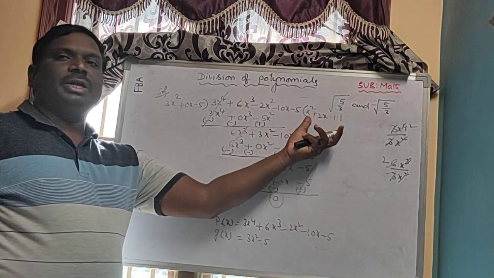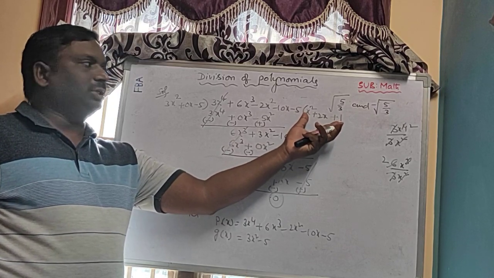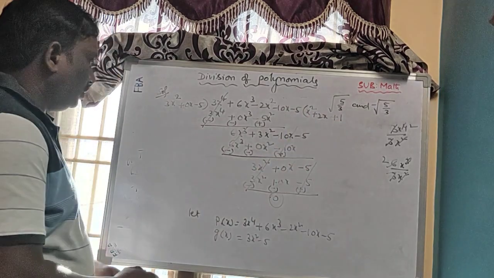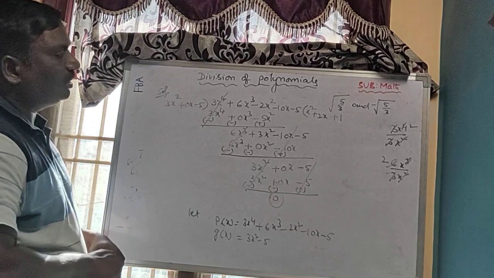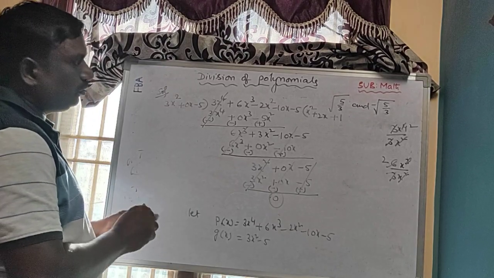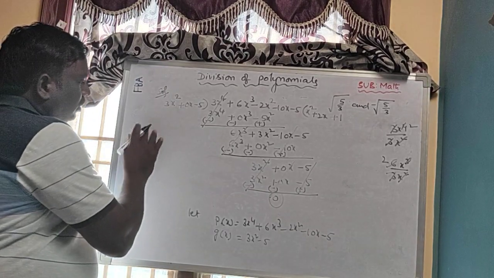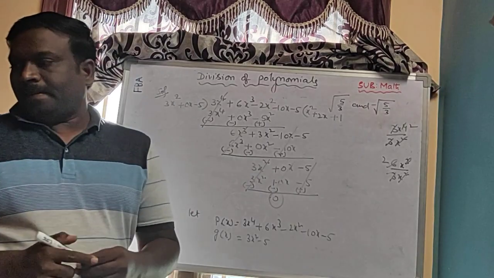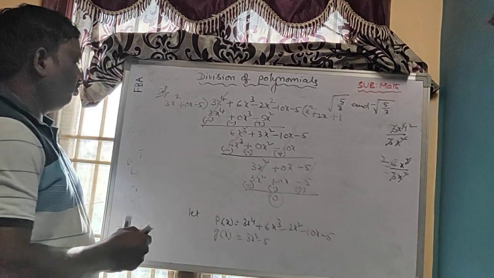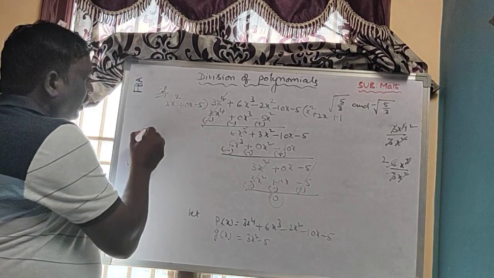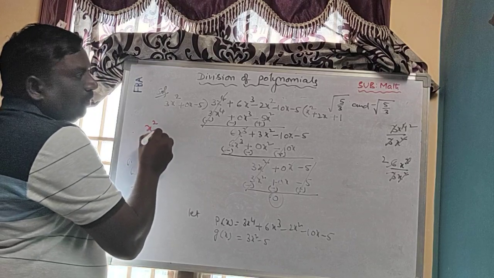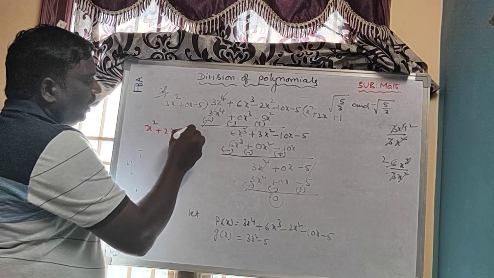How to find the remaining two zeros from this quotient? Write the quotient. What is the quotient here? That is x square plus 2x plus 1.